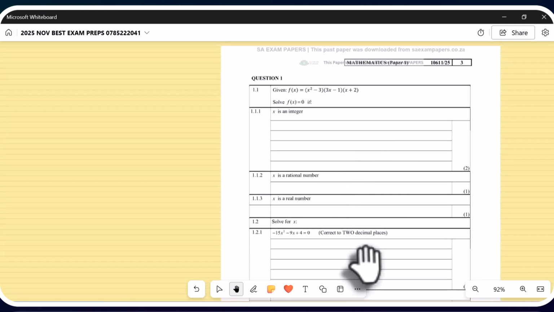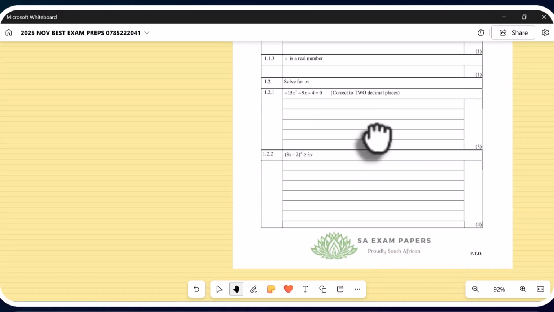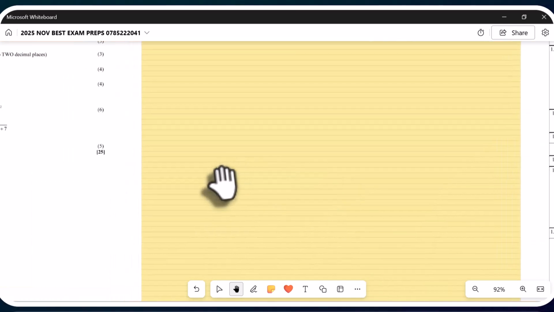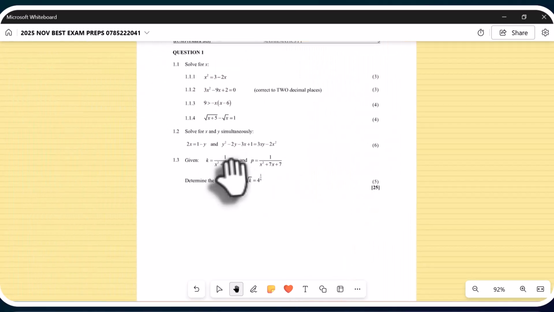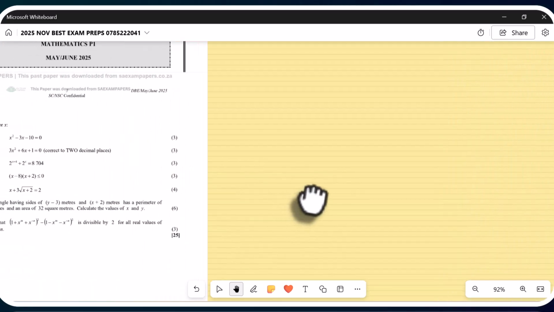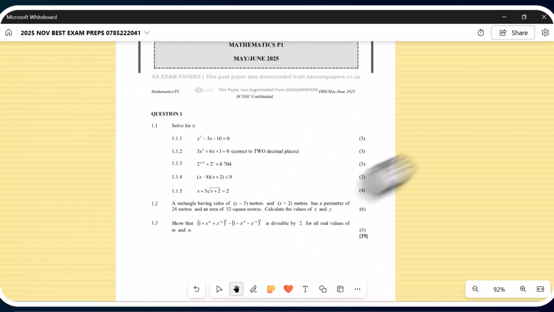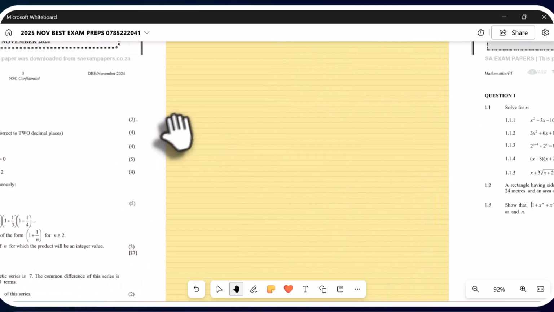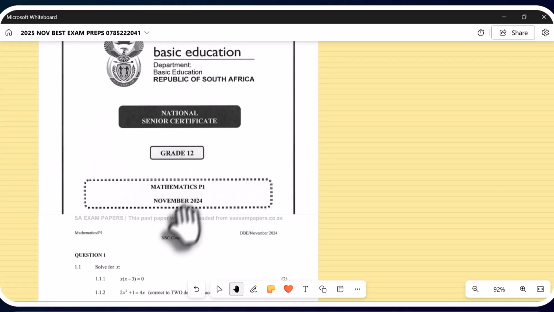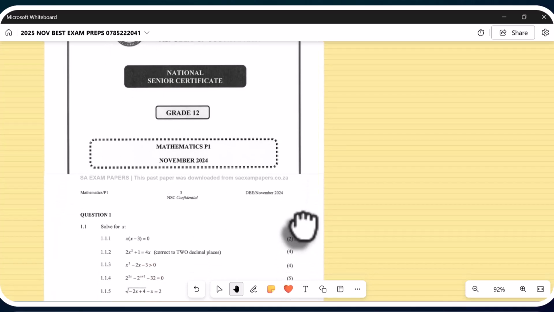As we do them, please understand, don't cram, so that we move together step by step and you also know how this was prepared before. This is November 2024. These papers will give you a better understanding of question one. Here we go.